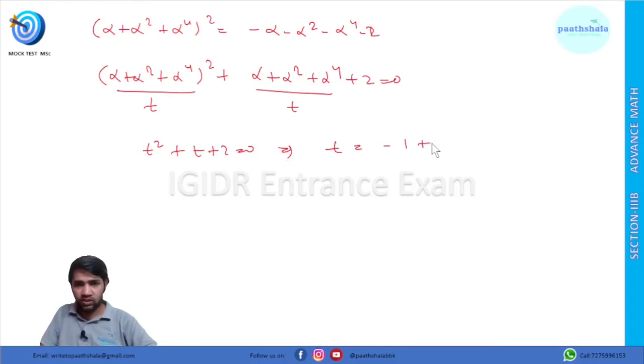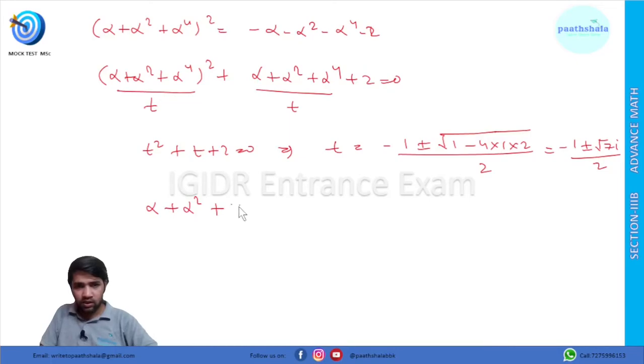So this will be minus 1 plus minus under root 1 square is 1 minus 4 into a is 1 and c is 2, upon 2. So this is coming out to be minus 1 plus minus root 7i by 2. So finally we are getting alpha plus alpha square plus alpha power 4 equals to minus 1 by 2 plus minus root 7i by 2.